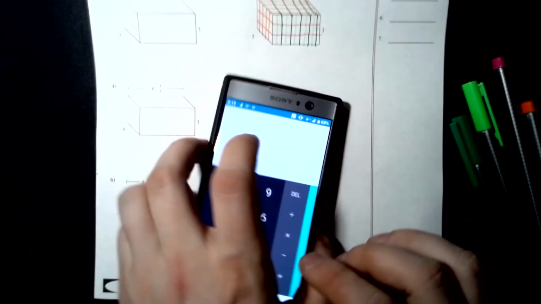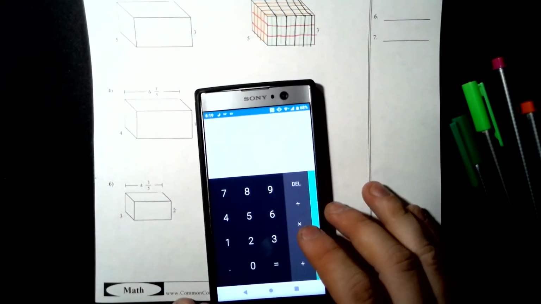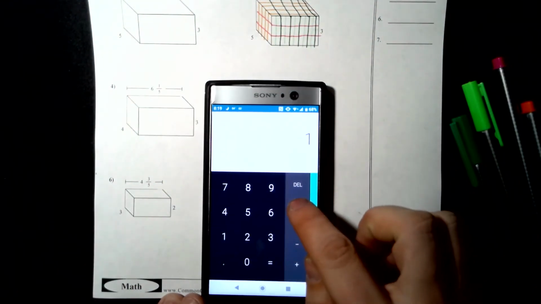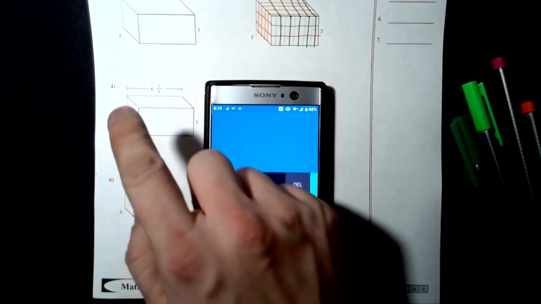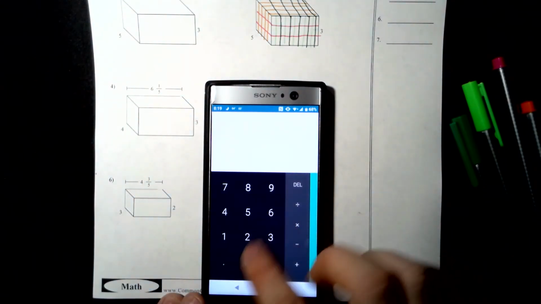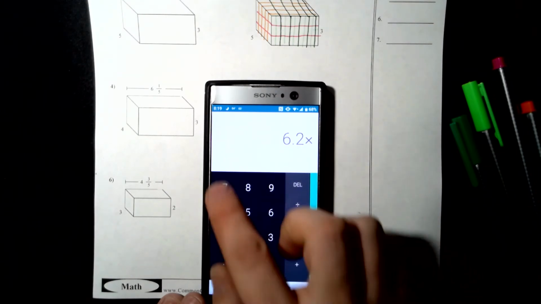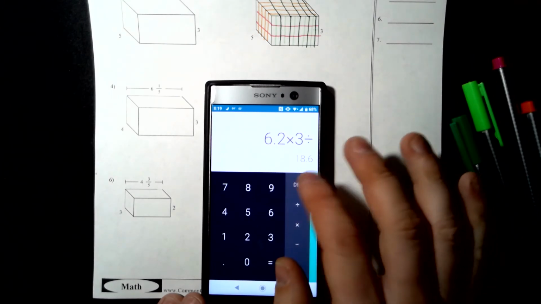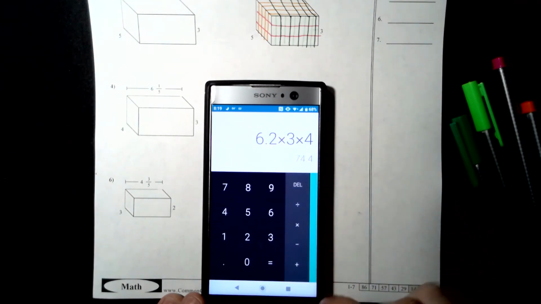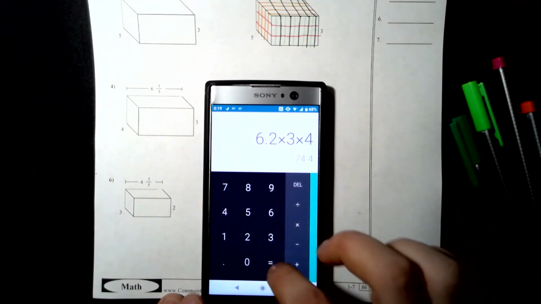Again, we're not sure what 1/5 might be as a decimal, so we'll type in 1 divided by 5, 0.2. So 6 1/5 would be 6.2 times the height and the length. That gives me 74.4.